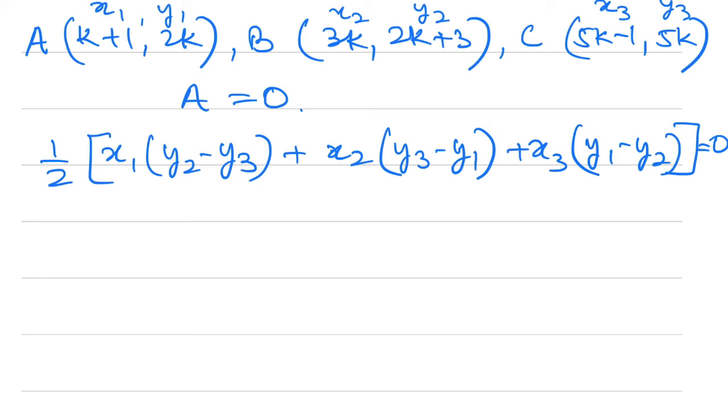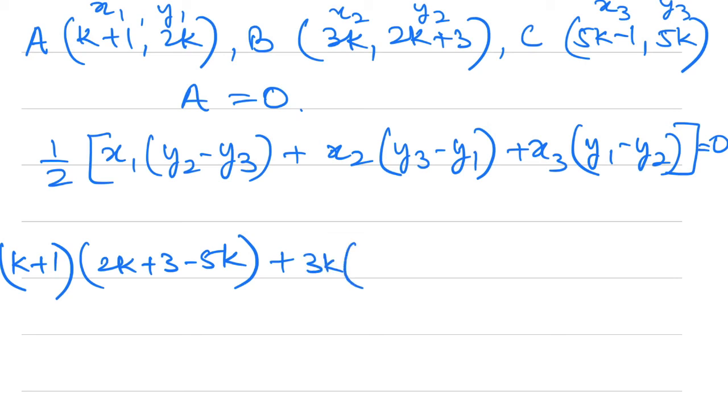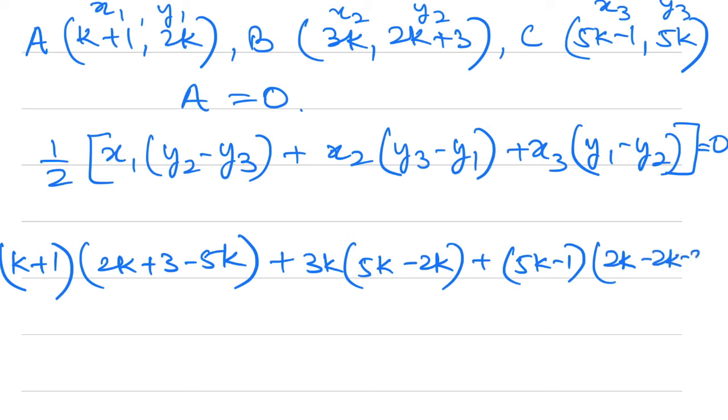So let's start with x1. So k plus 1 into y2 is 2k plus 3 minus y3 is minus 5k, plus x2 is 3k and y3 5k minus 2k, plus x3 is 5k minus 1, and we have y1 is 2k minus y2, so both will become negative, minus 2k minus 3 is equal to 0.